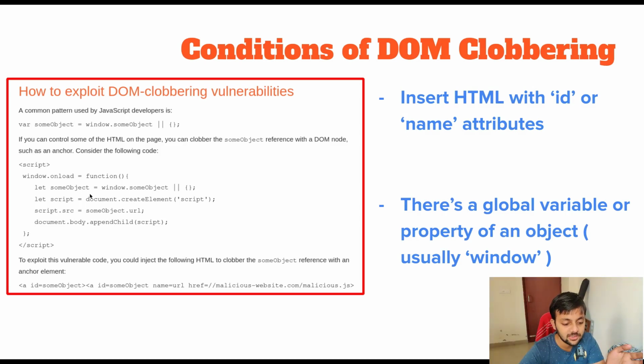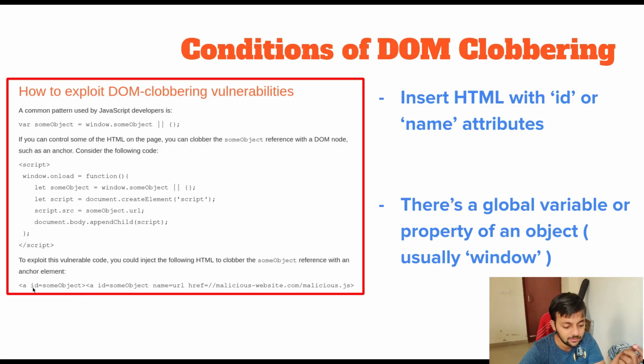In the function, they have used someObject: let someObject = window.someObject || {}. Then let script = document.createElement('script'), the script source is someObject.url, and they are inserting this script into the body with document.body.append(script). To exploit this vulnerable code, you could inject the following HTML to clobber the someObject reference with an anchor element.